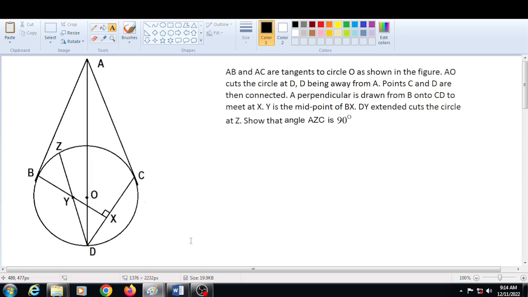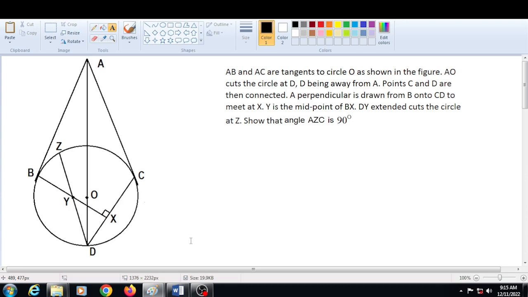In this video we are going to discuss a very insightful problem in geometry. The problem statement is as follows. AB and AC are tangents to circle O shown in the figure. AO cuts the circle at D, D being away from A. Points C and D are then connected.